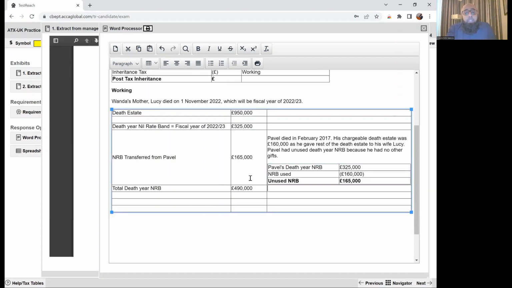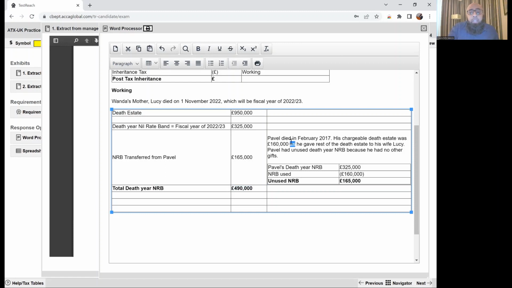But as the question gives us detail about Lucy's husband, Pavel, also, see, it is a hint that whenever a question gives you detail about the spouse's death, you always have to think about the issue of transfer of nil rate band. Now, Pavel died in February 17.